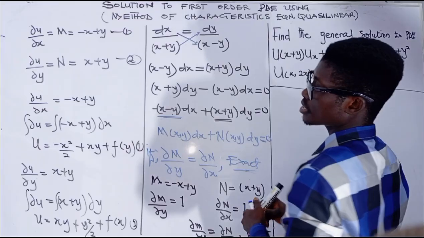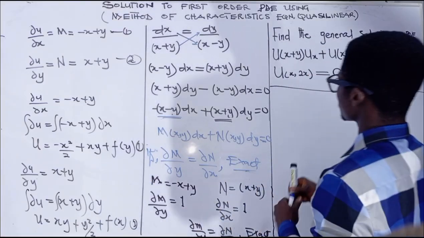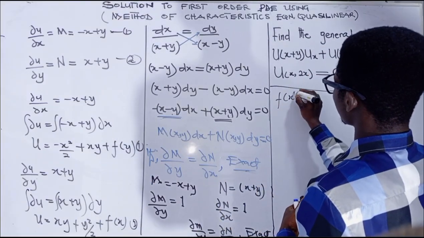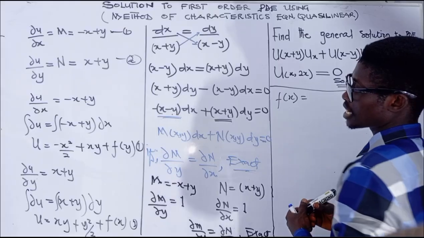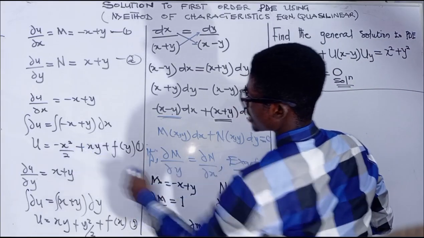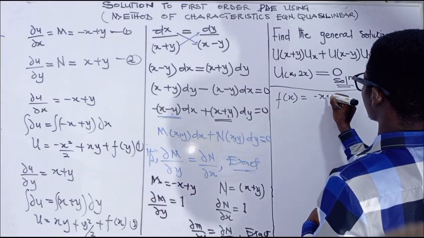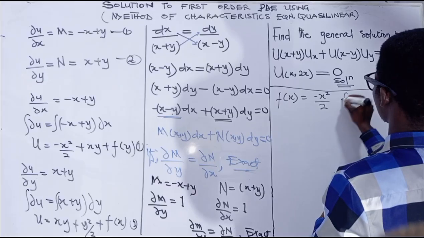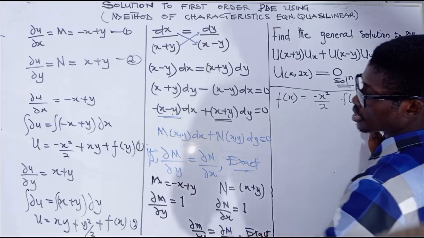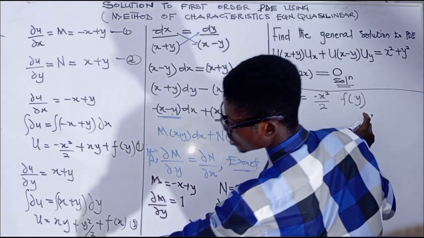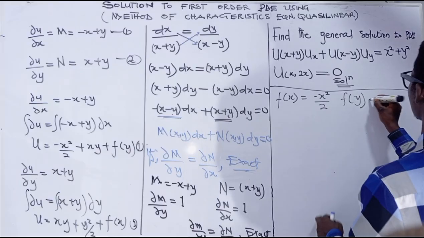Now comparing equation 1 and 2, we can see that our f of x, a function of x only, is minus x squared over 2. And then a function of y only, we have y squared all over 2.